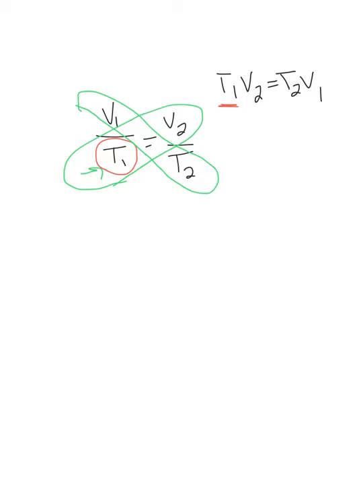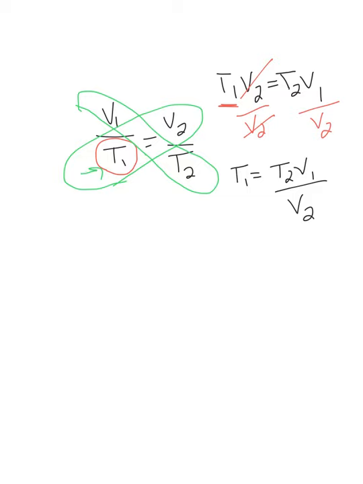If I'm multiplying the two, then I need to do the opposite of that, which means I would need to divide by V2 on both sides. These cancel out. And so then we're left with our formula being T1 equals T2 times V1 divided by V2.